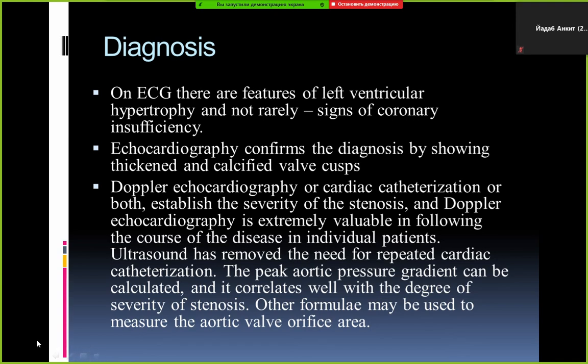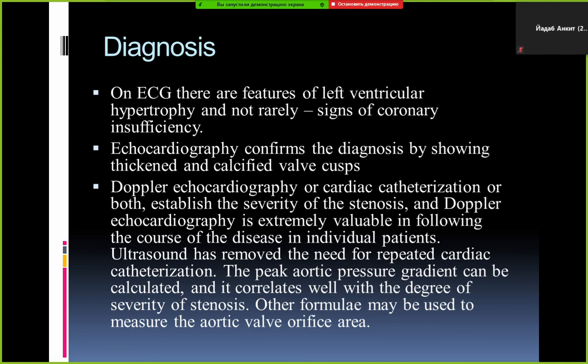Instrumental methods which can confirm aortic stenosis. ECG will detect the symptoms of left ventricle hypertrophy, sometimes symptoms of coronary insufficiency. Echocardiography confirms the diagnosis by showing thickening and calcified valve cusps.